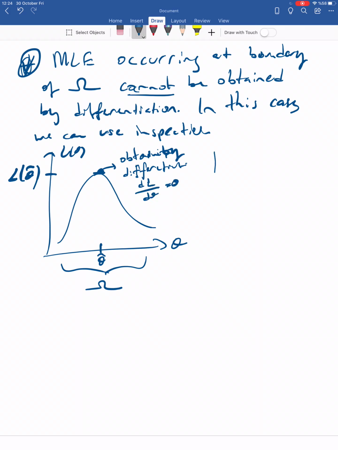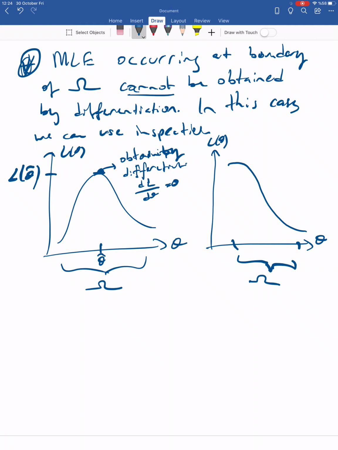But sometimes in our problems, especially when the range of x depends on the parameters, we have this type of shape. Let's say this part is our whole parameter space, and this goes till infinity. So we cannot find the maximum point in this case. So here theta hat is a question mark.